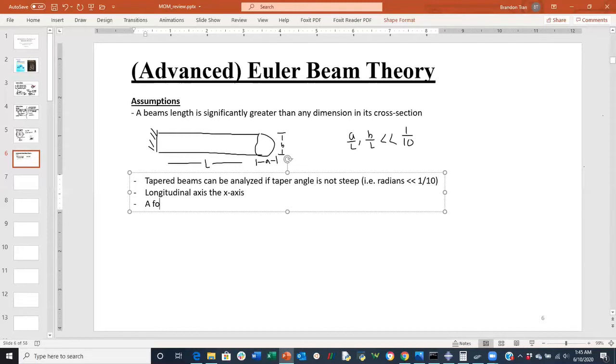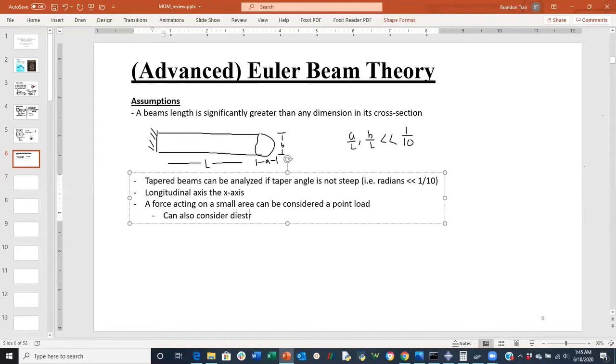Next assumption, a force acting on a small area can be considered a point load. That one's pretty self-explanatory. Now, in lieu of that, we also can consider distributed forces. You guys have probably seen distributed forces before.